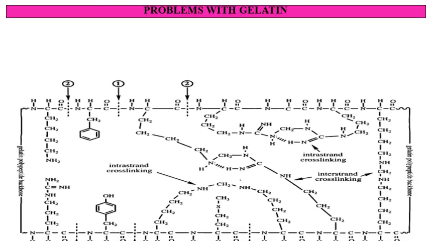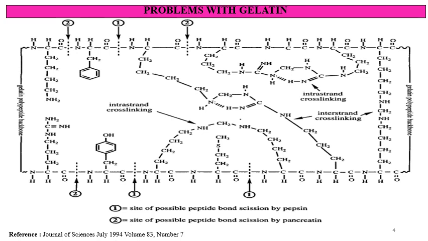Now coming to the exact understanding of the covalent bonds. Here you can see an inter-strand cross-linking. Here is the polypeptide backbone of the gelatin, and here one bond is there from one strand to another strand, that is inter-strand cross-linking between the two polypeptide backbones.